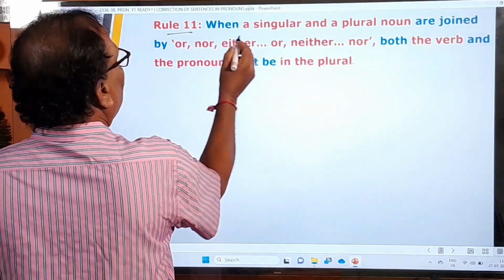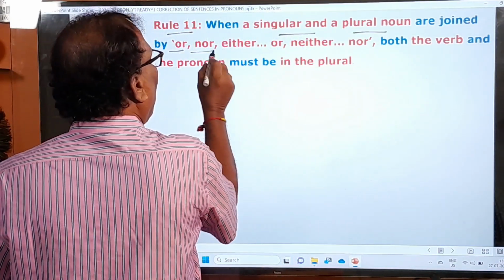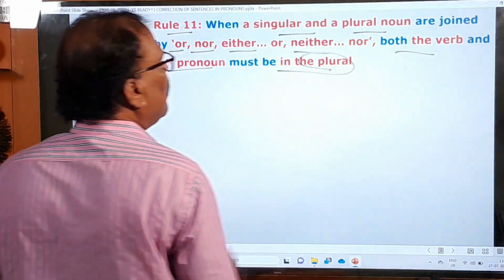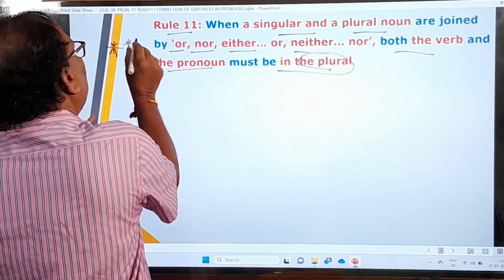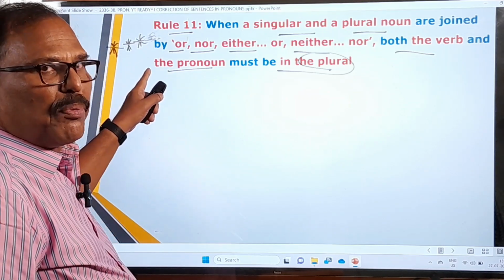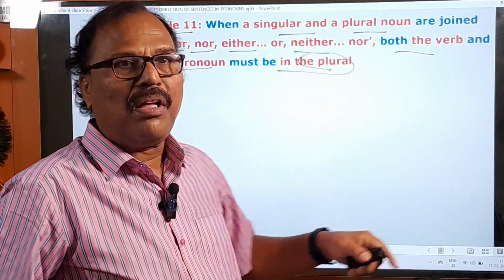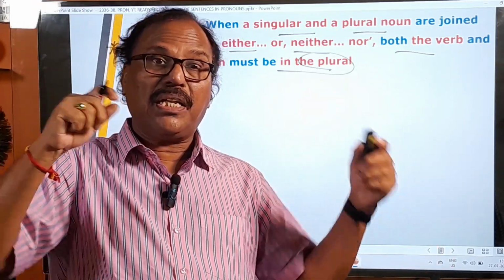Rule 11. When a singular and plural noun are joined by or, nor, either or, neither nor, both the verb and the pronoun must be in the plural. This is a very, very important one. Again, very, very important. Triple star mark is given here. Just now in rule number 10 we learnt connecting two singular nouns.